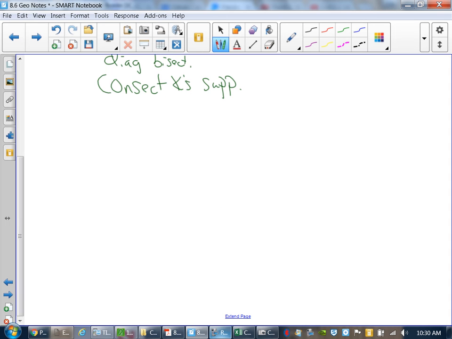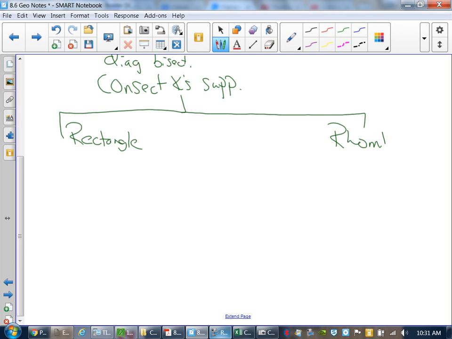Once we got out of the parallelograms, we had two others. We had the rectangle and the rhombus. Now remember, a rectangle is a parallelogram, so all the properties of that still hold true.